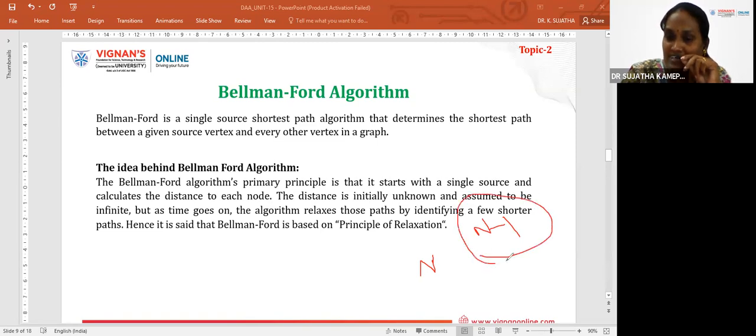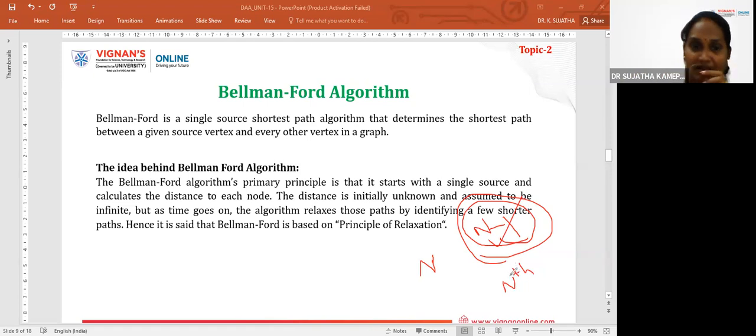In order to detect whether a negative cycle exists or not, we relax all the edges one more time. So for finding the single source shortest path, we need to do it n minus 1 times. If I do one more time extra, that is the nth time also, I can find whether negative cycles exist or not.